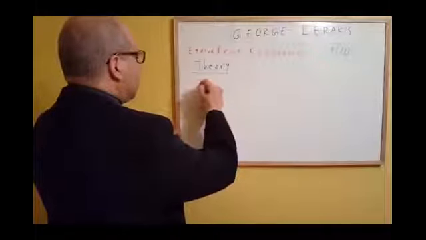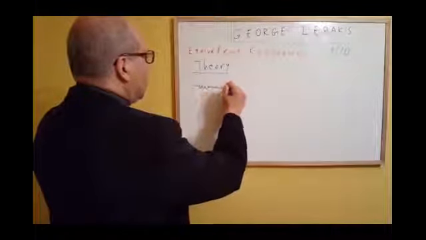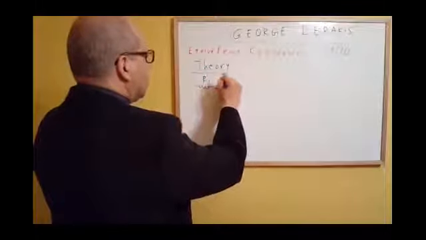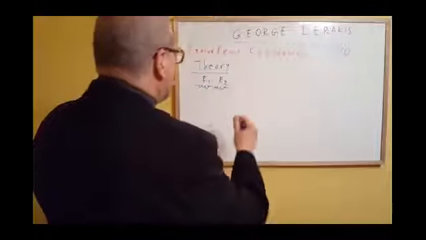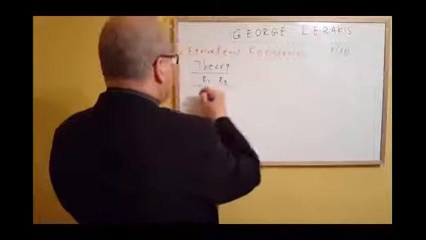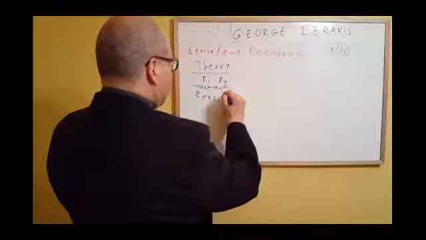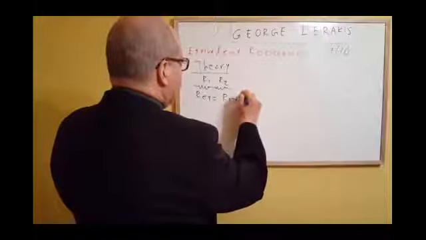When you have resistors R1 and R2 connected in series, the R equivalent is equal to R1 plus R2.